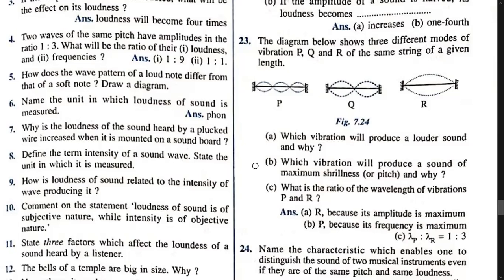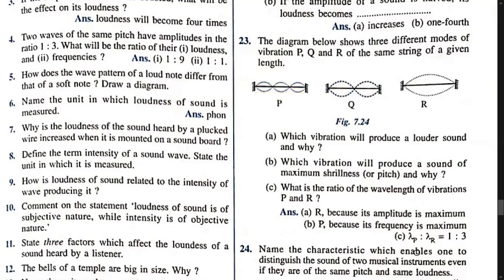So question number 2, which vibration will produce a sound of maximum shrillness and why? See students, wave number 3 is having maximum vibrations. It is having 3 vibrations. Vibration 1, vibration 2, vibration 3. While Q is having only 2 vibrations and R is having 1 vibration.